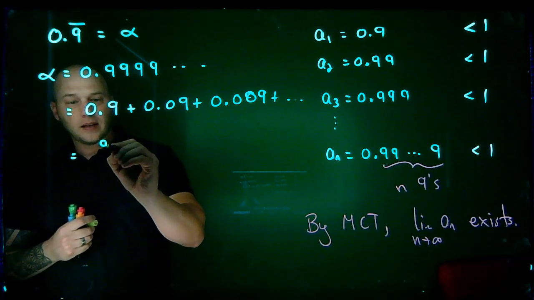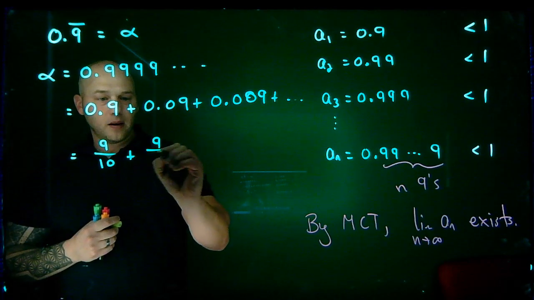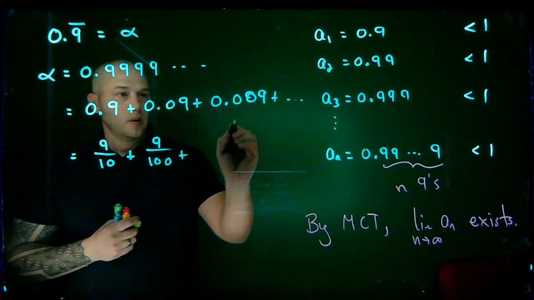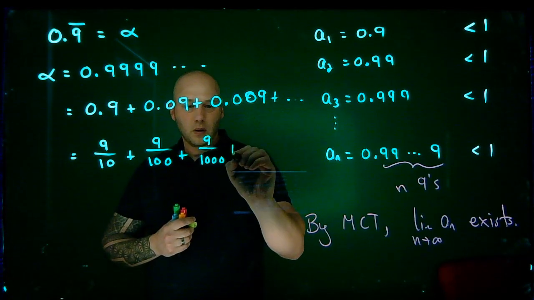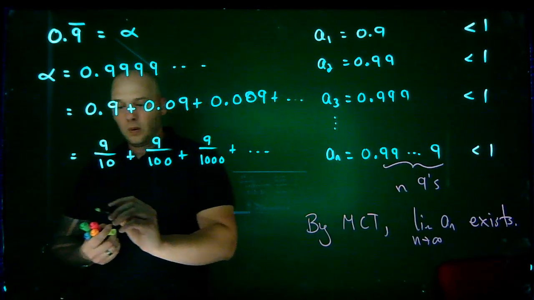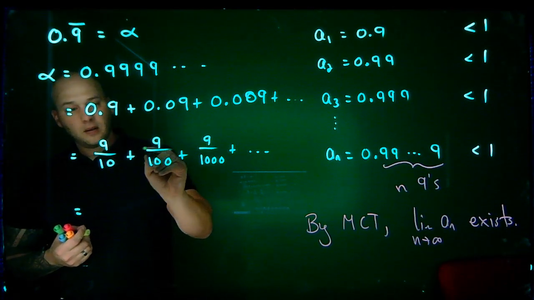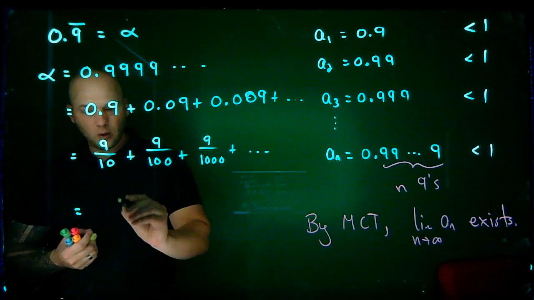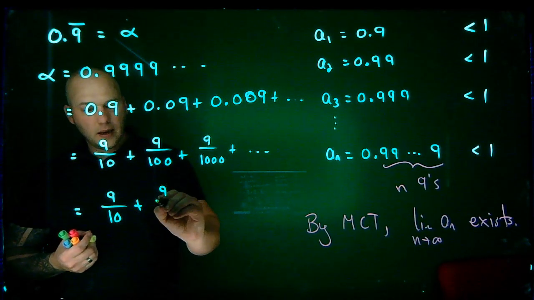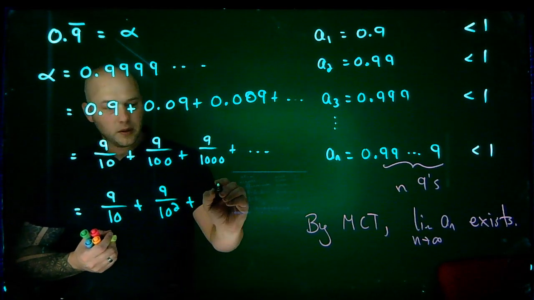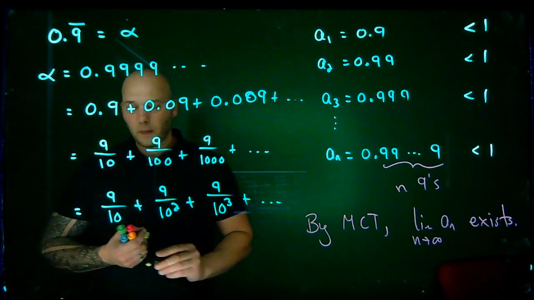That's the same thing as 9 over 10. 0.09 is the same thing as 9 over 100. 0.009 is the same thing as 9 over 1,000, etc. Well, what's the pattern? The denominator is 10, 10 squared, 10 cubed. Okay, so that gives me 9 over 10 plus 9 over 10 squared plus 9 over 10 cubed, etc.